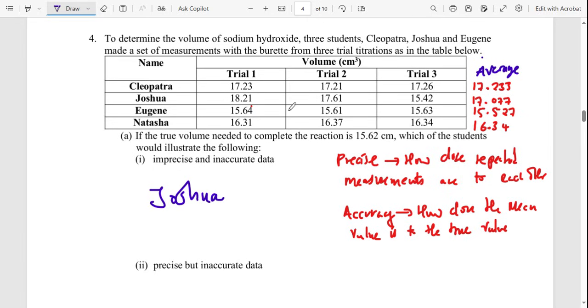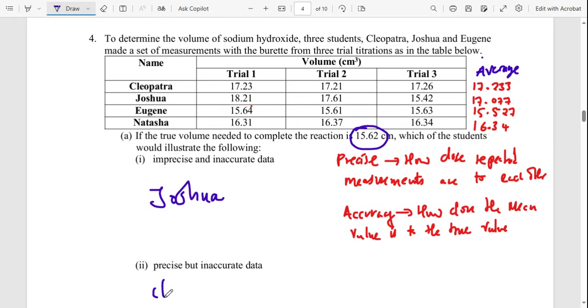Let's say, for example, the true value is 15.6. Cleopatra measured 17.23, 17.21, 17.26. Those values are close to each other, but they are very far away from the true value.